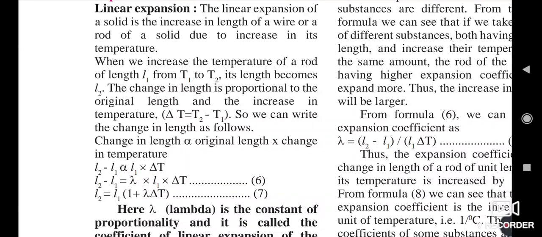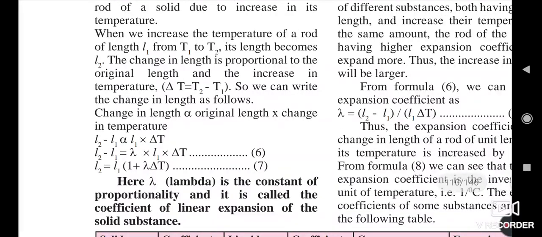So we can write the change in the length as follows: the second length minus the initial length, that is L2 minus L1, is proportional to the original length into the change in the temperature.